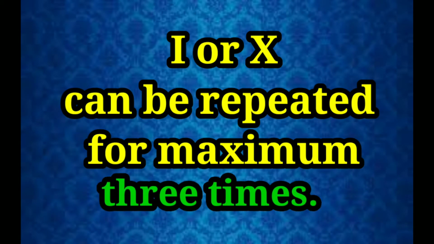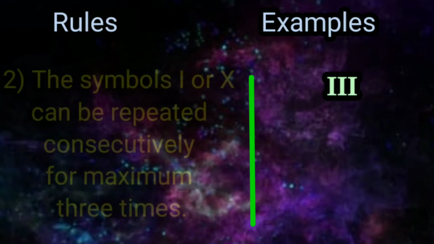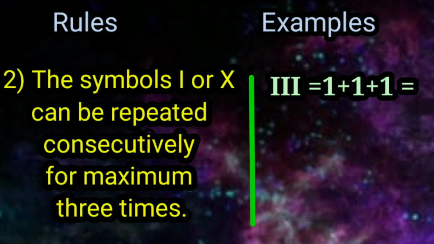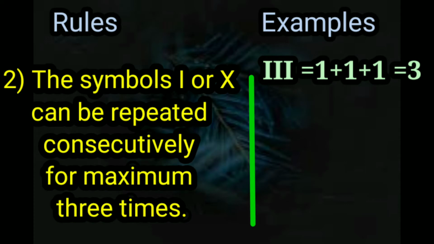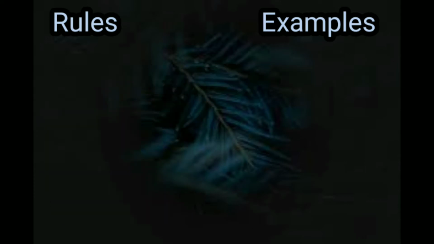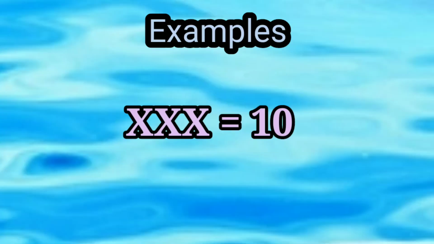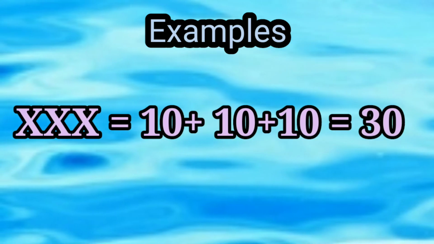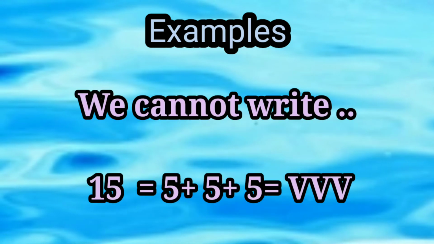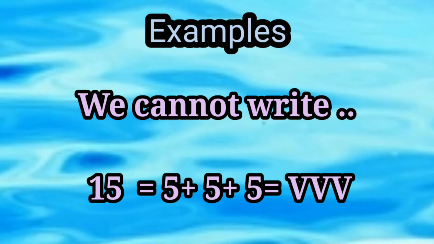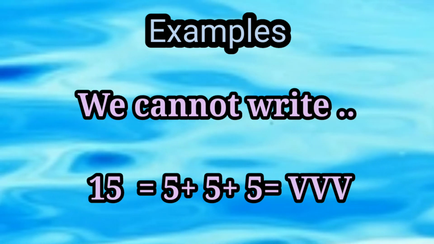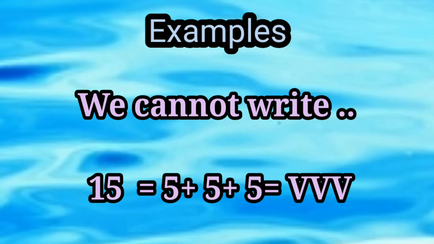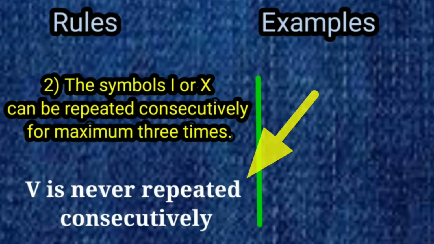For example, III equals 1 plus 1 plus 1 equals 3. XXX equals 10 plus 10 plus 10 equals 30. We cannot write 15 as 5 plus 5 plus 5 equals VVV. Why? Because V is never repeated consecutively.